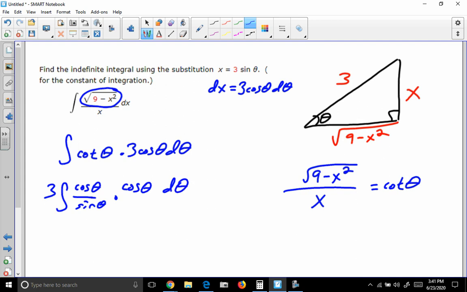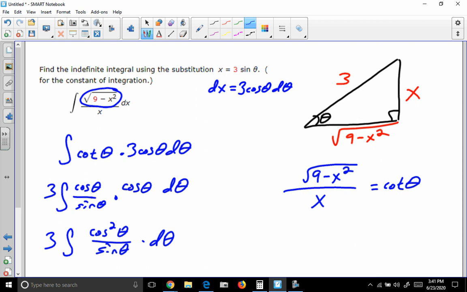So that gives us 3 out front, cosine times cosine is cosine squared theta over sine theta times d theta. Now, if we just look at these, if we were to go back here, that's not a standard antiderivative.